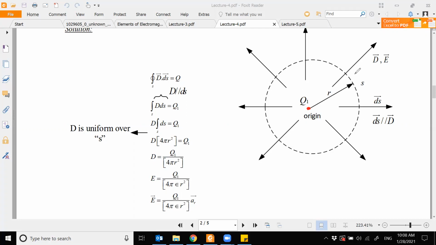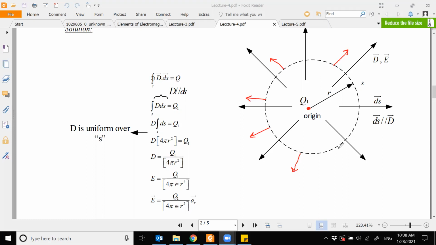So the unit normal for this one will always be pointing outwards, something like this. This will be my unit normal, and you can put it anywhere. This is a 2D figure, guys, but you can think of it like a soccer ball.